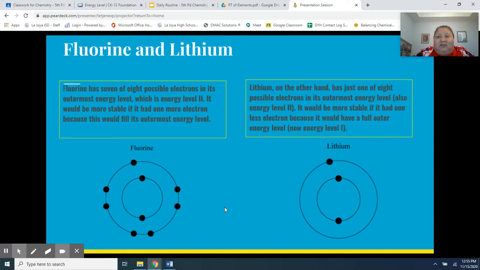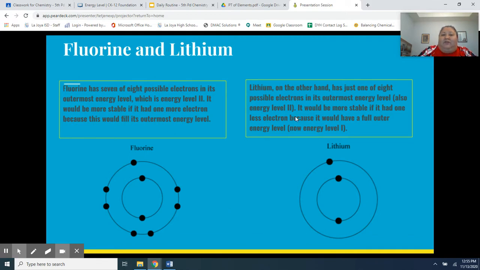It can hold a maximum of 8. Lithium, on the other hand, has just 1 electron in the outermost energy level. It would become more stable if it had 1 less electron because it would have a full outer energy level, which would be energy level 1.